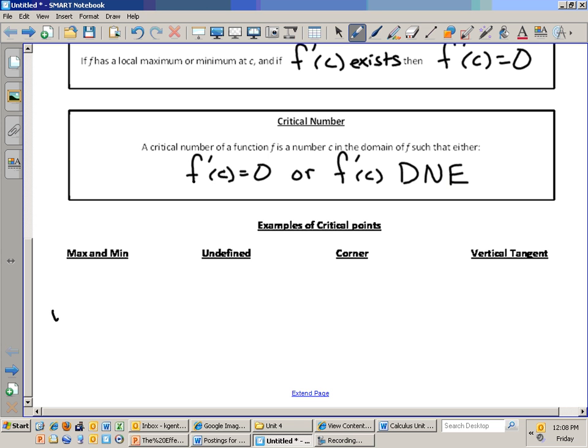If you see a min or a max, like right here, this point right here we would call a critical point. And this point right here we would call a critical point, namely because the derivative is equal to 0.